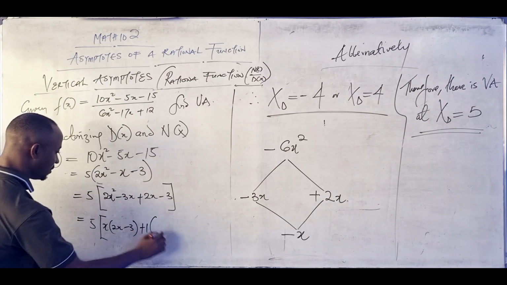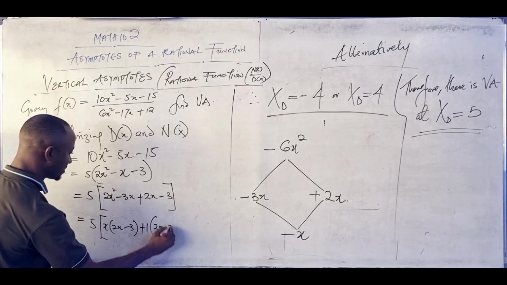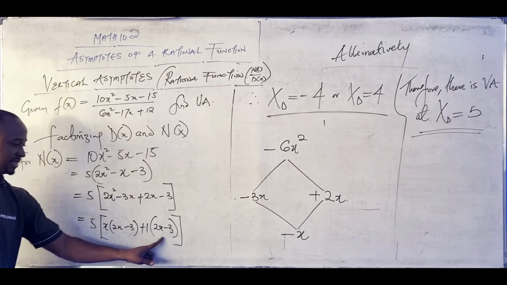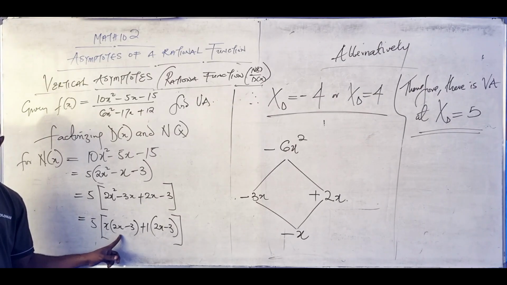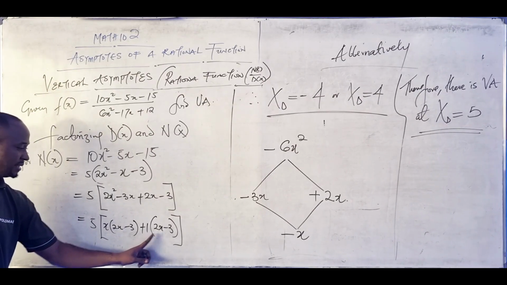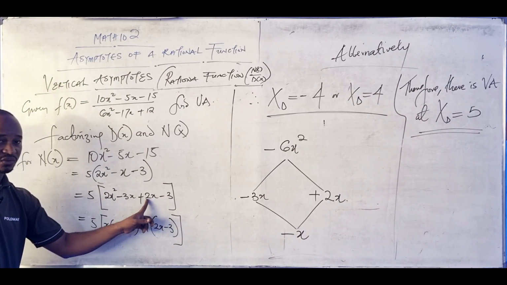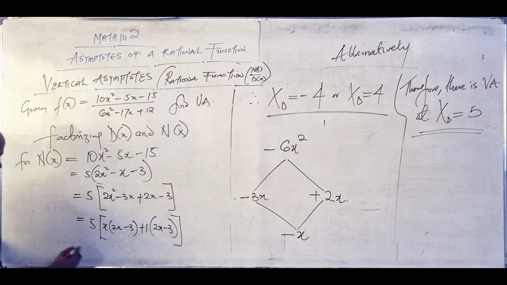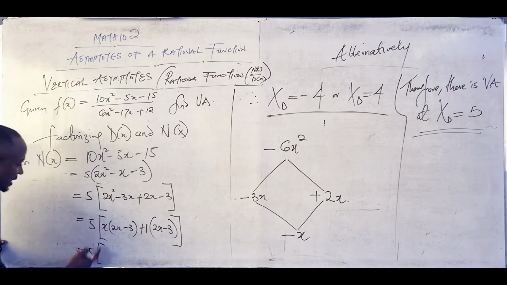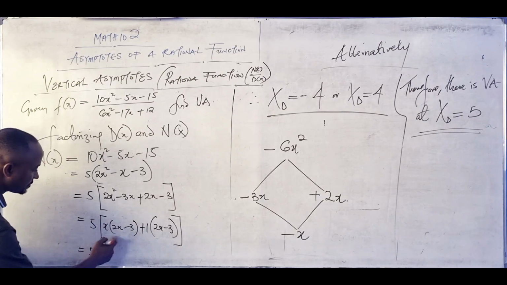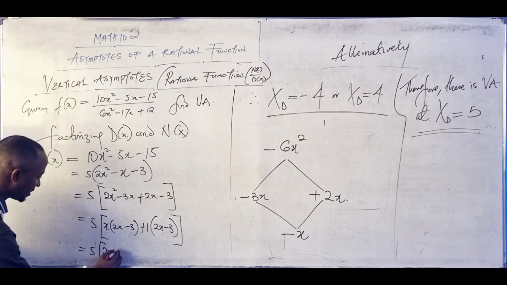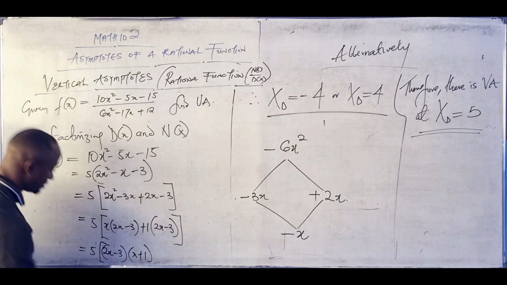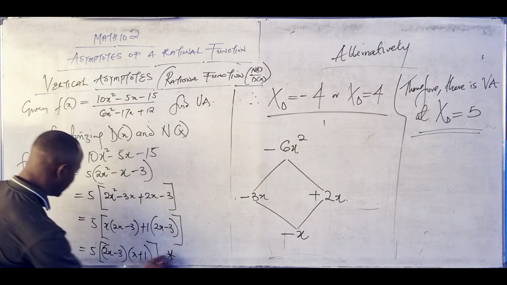So we have 2x minus 3. How do you know your answer is correct? When the same thing you have here is the same thing you have here. By the time we expand this, 1 times 2x falls back to 2x, and 1 times minus 3 is minus 3. So this becomes 5 in bracket: 2x minus 3 times x plus 1.